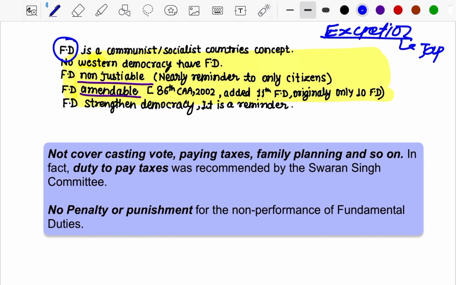Fundamental duties are non-justiciable, as I have told you. It is only a reminder to the citizen that you have to follow. Second thing, it is amendable, as I have told you that through the 86th Constitutional Amendment Act 2002, they added 11 fundamental duties. Fundamental duties are incorporated in our constitution to strengthen democracy, right?